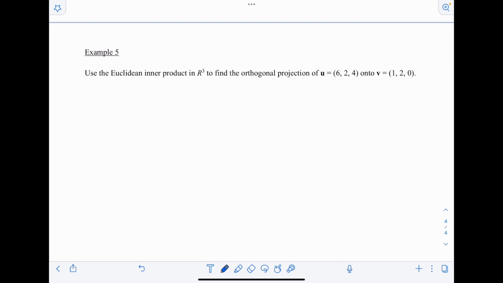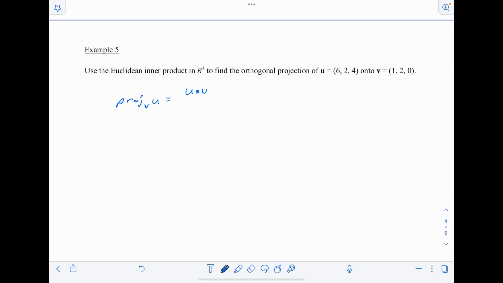On this one, I'm going to go right into the math. Let's just find the projection right away. We're going to take, again, the dot product of U and V divided by the dot product of V and V, and we're going to multiply by vector V. So the dot product of U and V is 6 times 1 plus 2 times 2 plus 4 times 0.